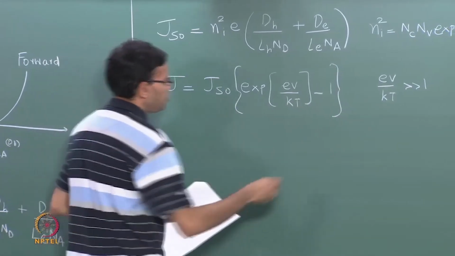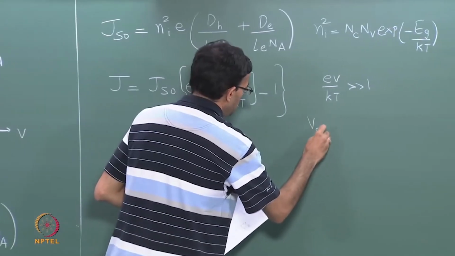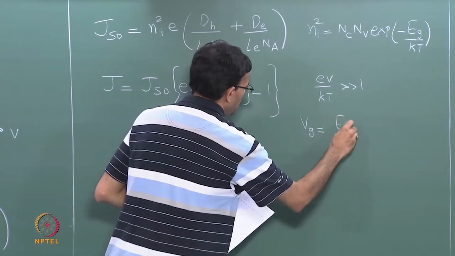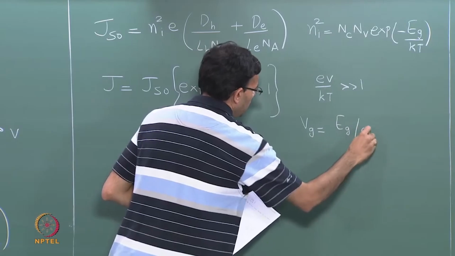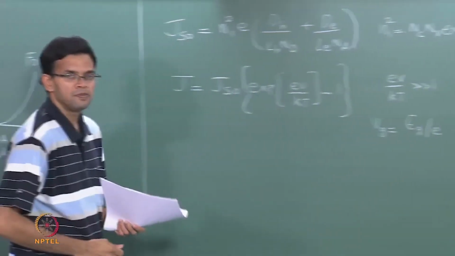I am also going to introduce another term Vg, which is nothing but the band gap divided by e.